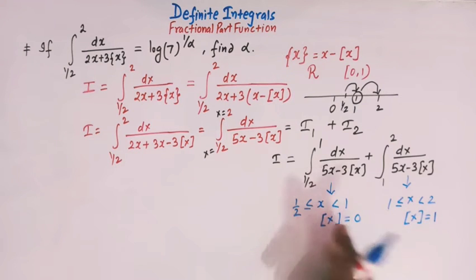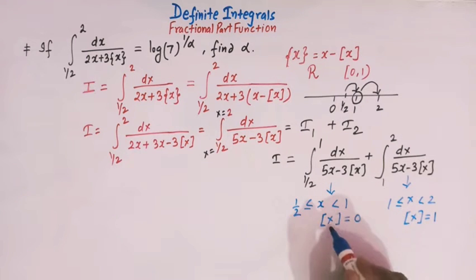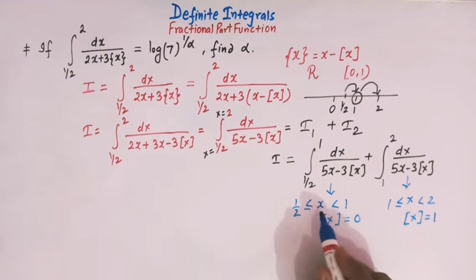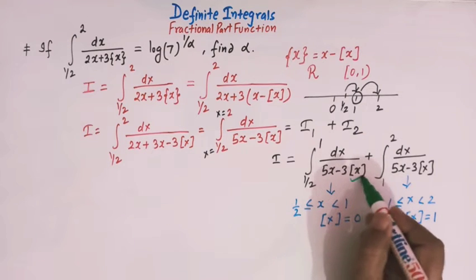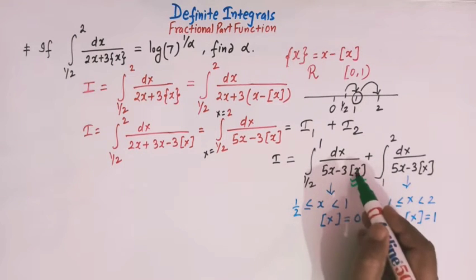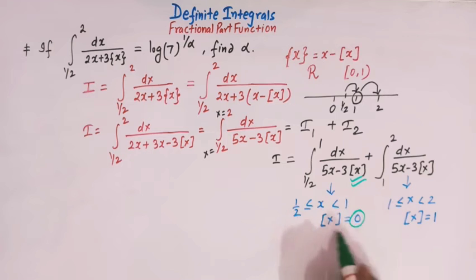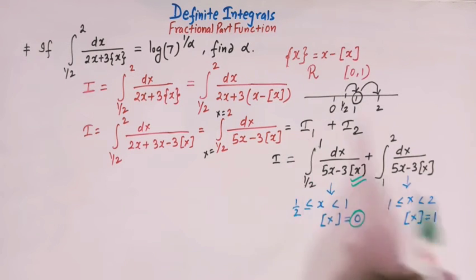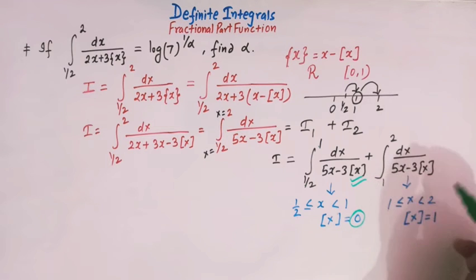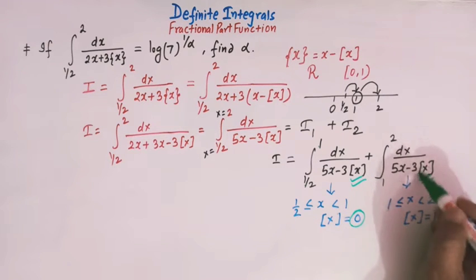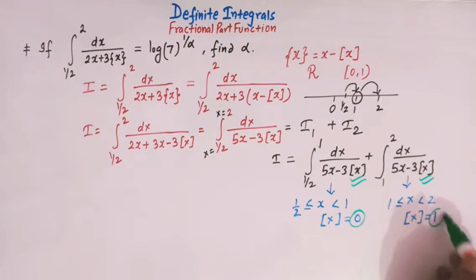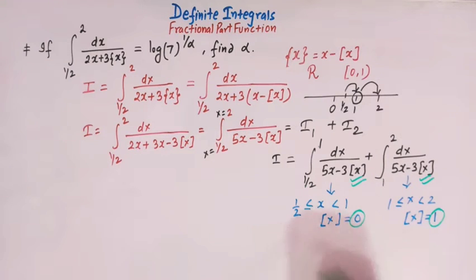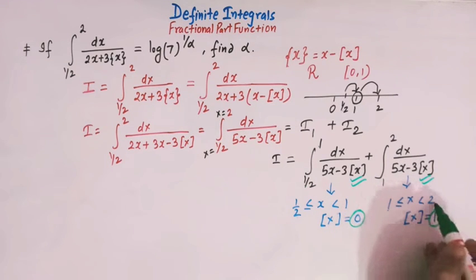We can also verify these results by taking particular values of x. So now in the next step, for this greatest integer of x we can write 0, because x lies between half and 1, and in this integral, for this greatest integer of x, we can take the value 1, because x lies between 1 and 2.